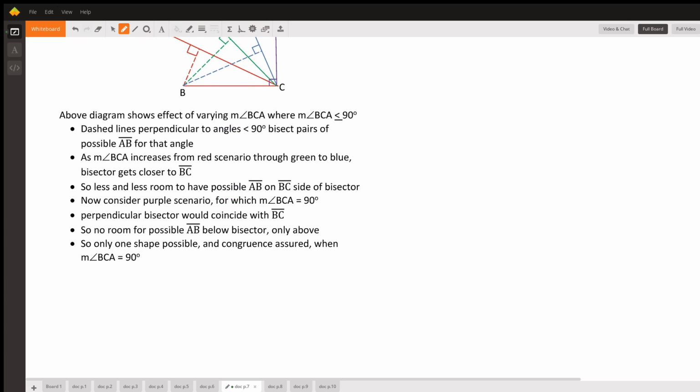And that's what I just explained. So congruence would be assured when the angle is 90 degrees.